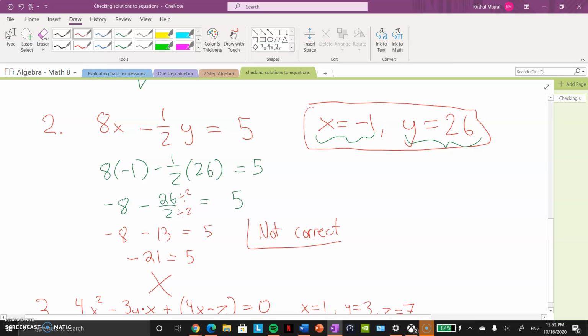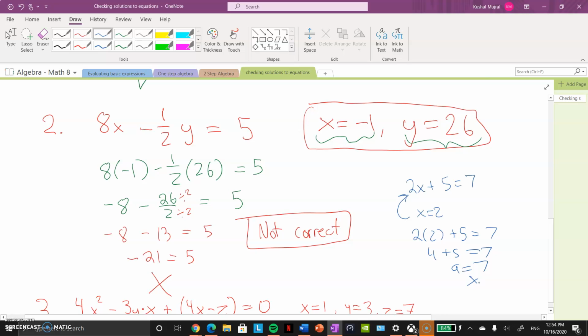So what this means is, if you were solving a question like, say, 2x plus 5 equals 7, and you got that x equals 2, for example, then when you were checking your answer, 2 times 2 plus 5 equals 7, then 4 plus 5 equals 7, 9 equals 7.